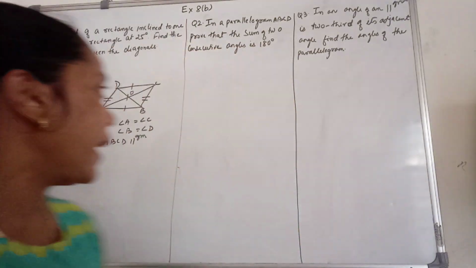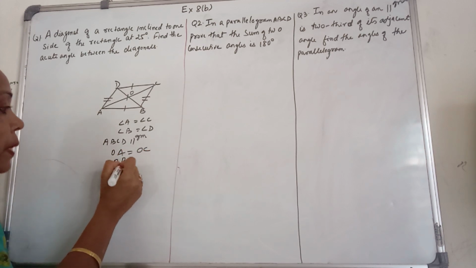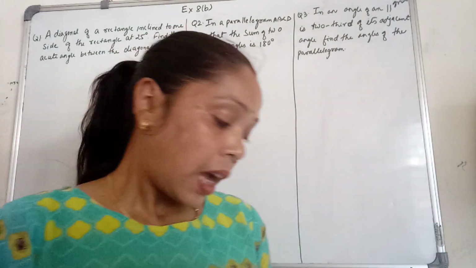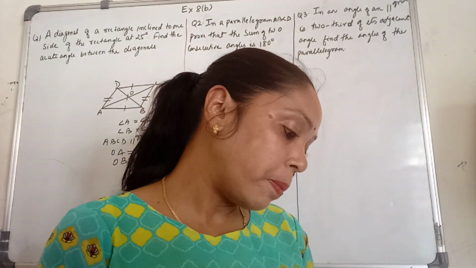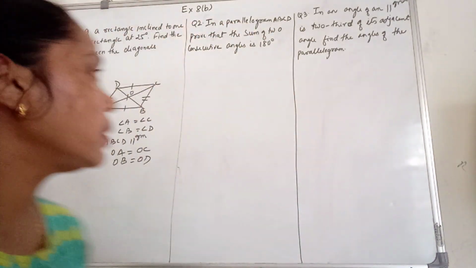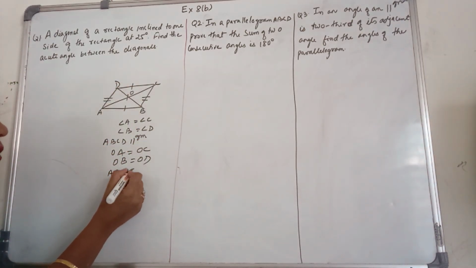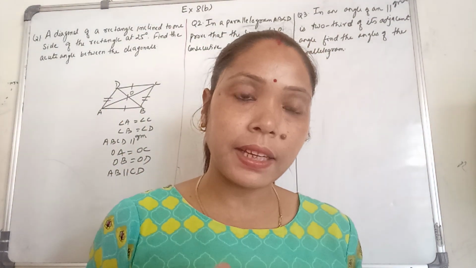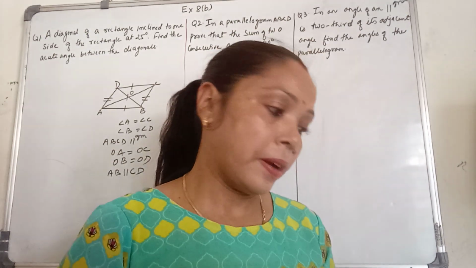Here OA is equal to OC, and OB is equal to OD. Next is, a quadrilateral is a parallelogram if one pair of opposite sides are equal and parallel. So here AB is parallel to CD. If the two sides are parallel to each other, then that is considered a parallelogram.